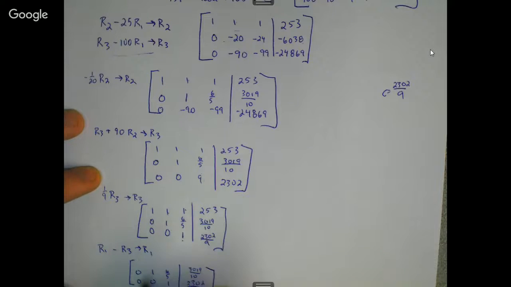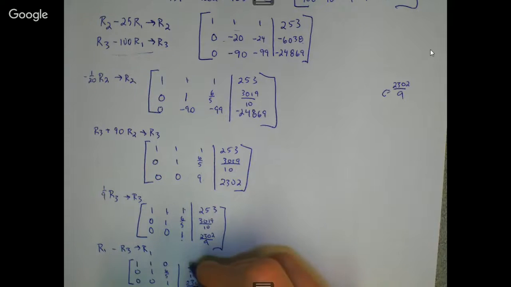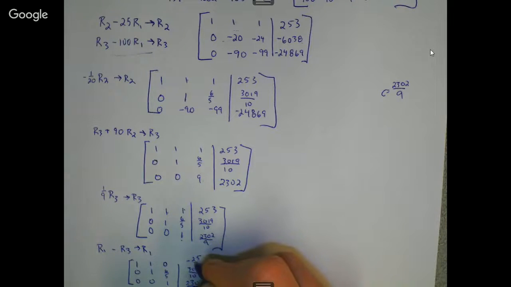And row 1 is changing. It'll change to 1, 1, 0, negative 25 over 9.